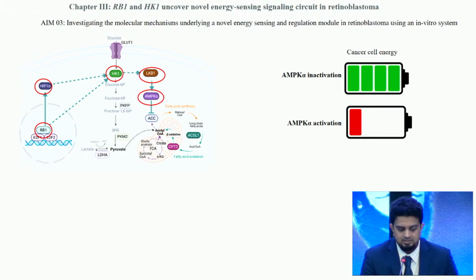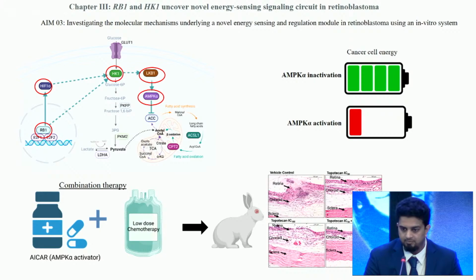So using this as a therapeutic target, we used pharmacological activators of AMPK, which is the ICAR, in combination with low-dose chemotherapy. We were able to see a reduced tumor burden in rabbit models of retinoblastoma, which also shows that this treatment regime shows no bystander toxicity to the retina.